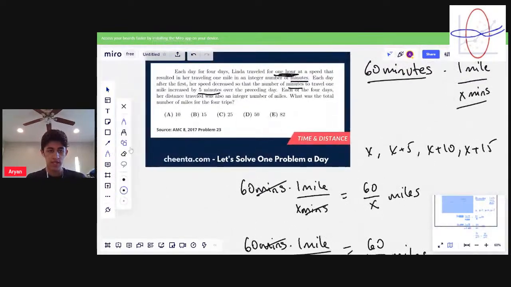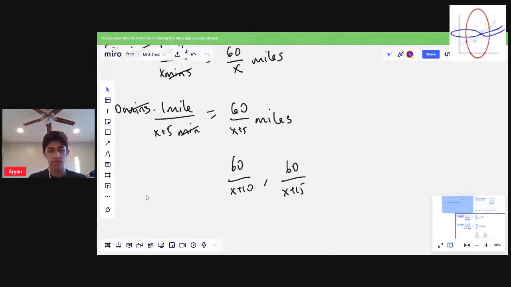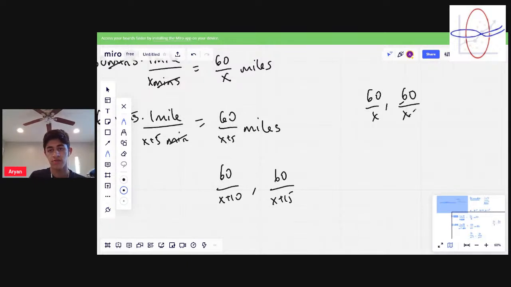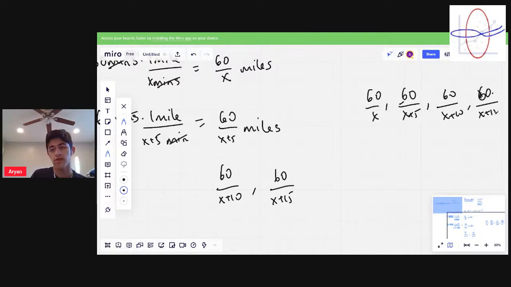Lastly, to solve the problem, we see that each of the 4 days, her distance traveled was an integer number of miles. That means each of my 4 fractions has to be an integer: 60 over X, 60 over X plus 5, 60 over X plus 10, and 60 over X plus 15.